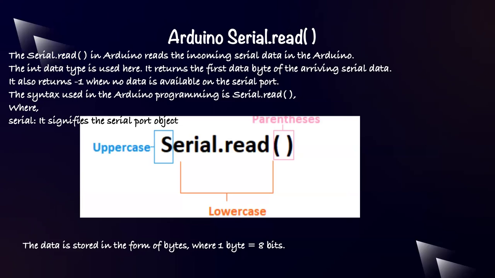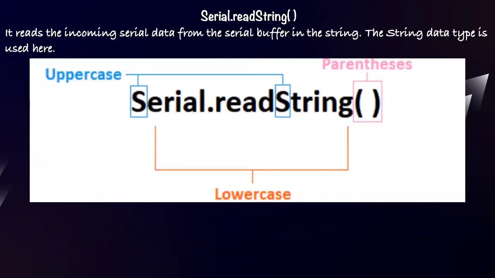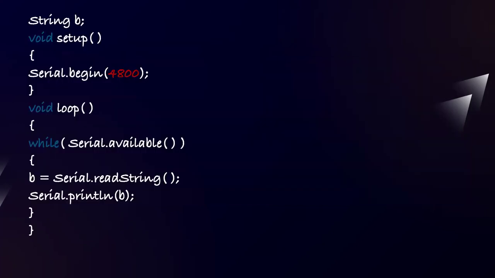What you need to remember and note down are the functions I have explained, for example Serial.read, then println or print or write, or, more advanced, readString. All these things you need to remember: when to use, how to use, and in which way to use.